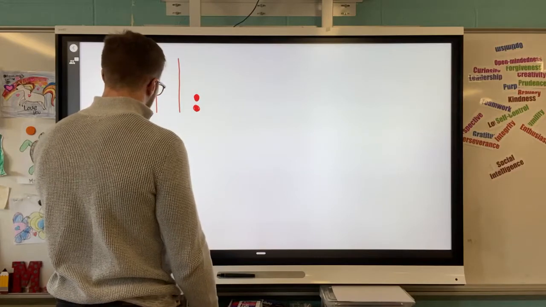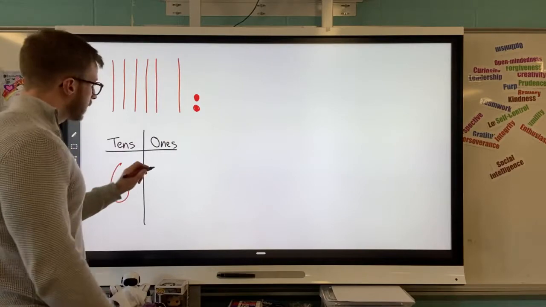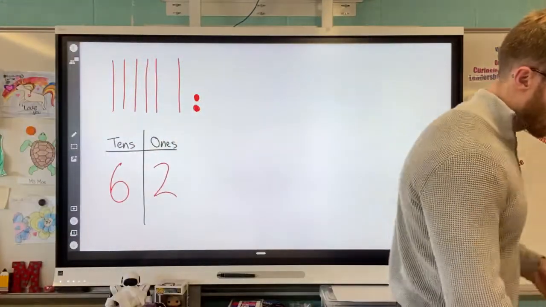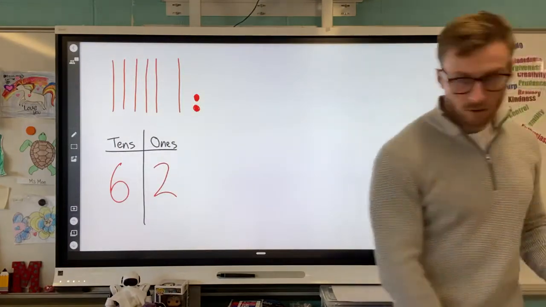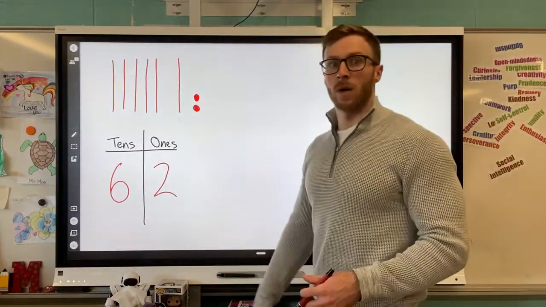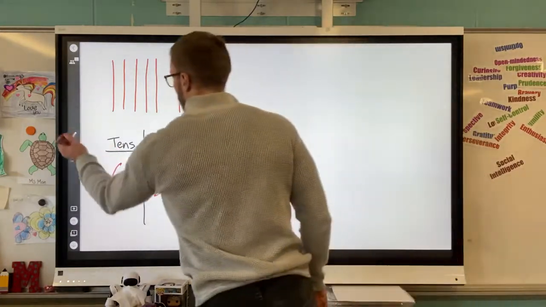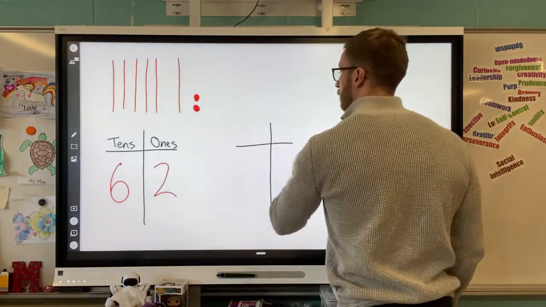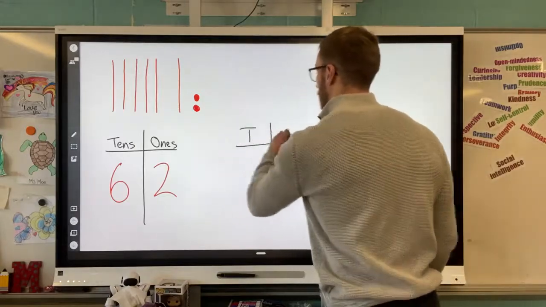If we have 62 right here, we need to figure out what 1 more is. So we're going to add 1. That means plus 1. We can add it to our picture, and then input it into our place value chart.